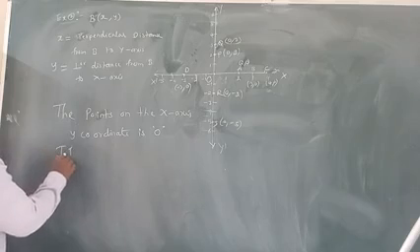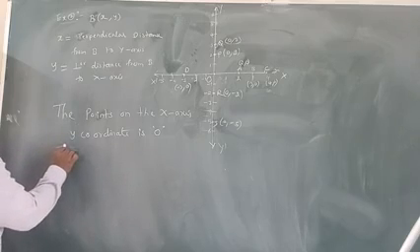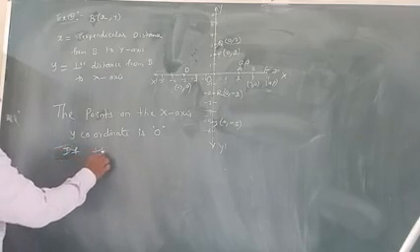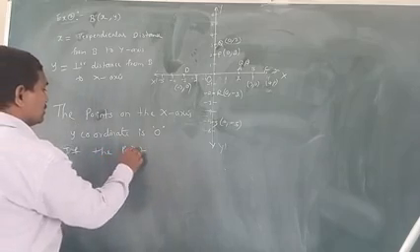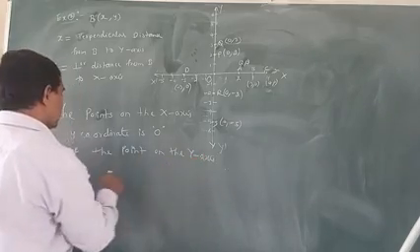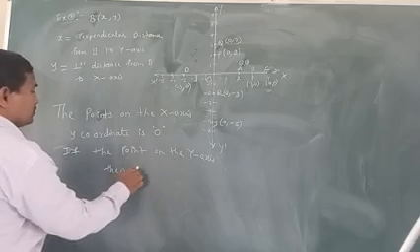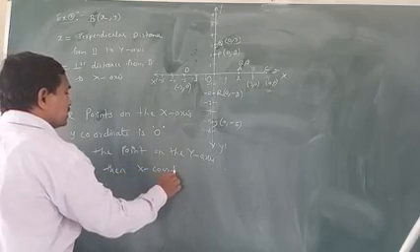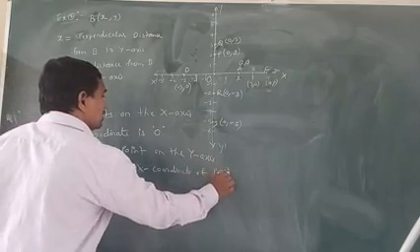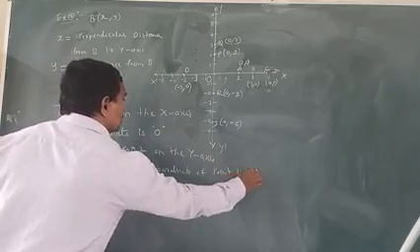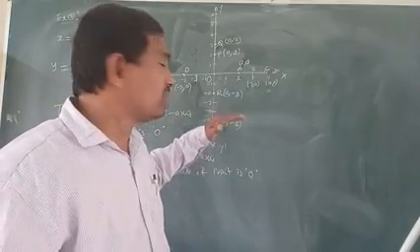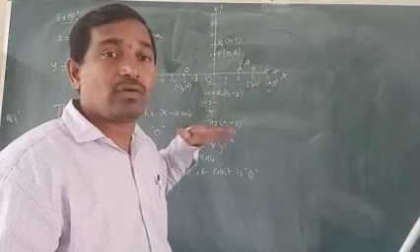So we can conclude that if a point lies on the x-axis, the y coordinate is 0.